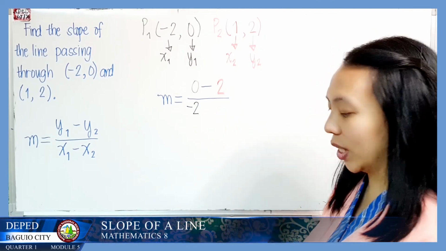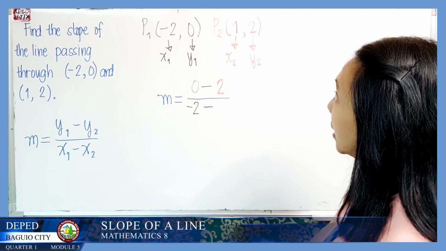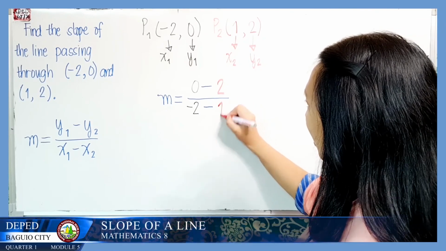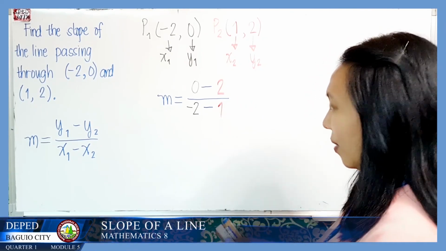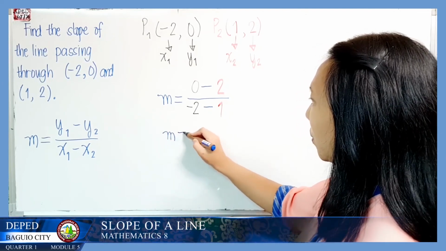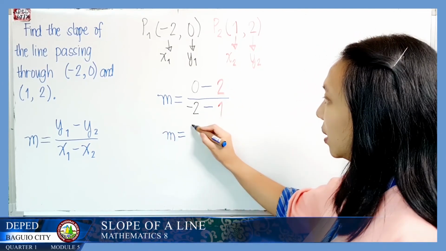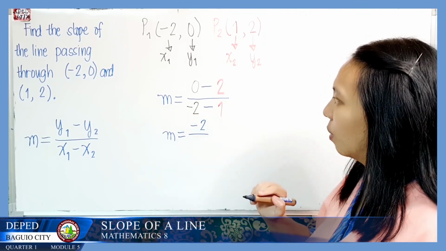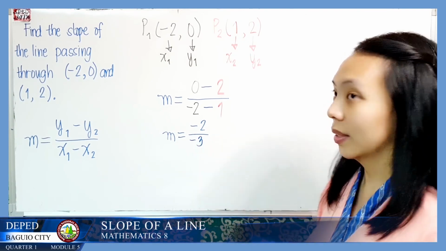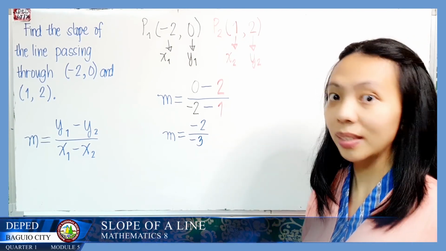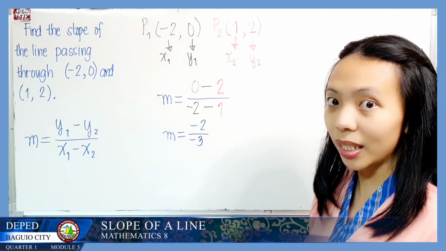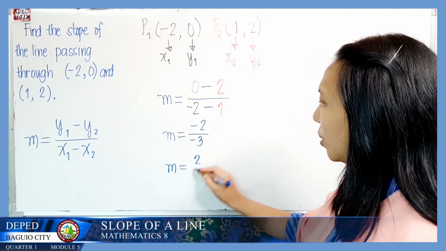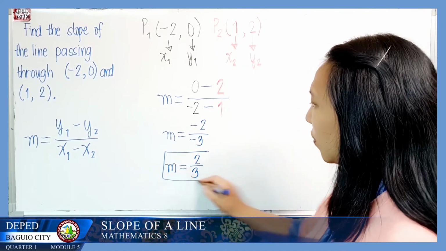Again, the operation is subtraction, and x sub 2, which is 1. Let us now simplify. The numerator is equal to 0 minus 2 is -2. In the denominator, we shall be having -2 minus 1 is equal to -3. Can we further simplify this? Yes. Negative divided by negative will give us a positive number. The slope, therefore, is equal to 2 over 3.